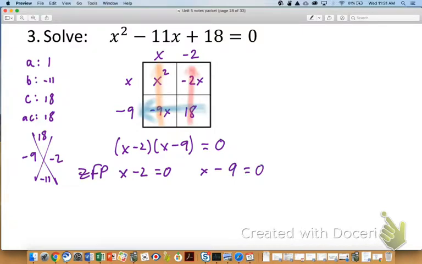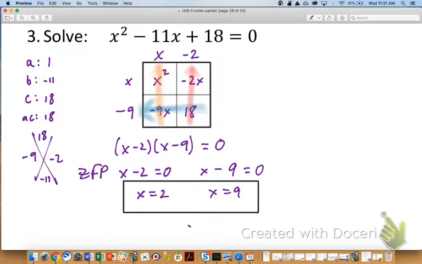And of course, for you guys, solving these equations is very easy. X would equal 2, x would equal 9, and both of those numbers work. Therefore, they are both solutions, and I've solved. Remember, solving is finding the values of x that make the original equation true.